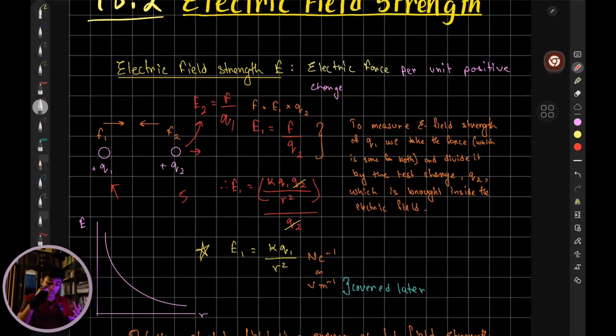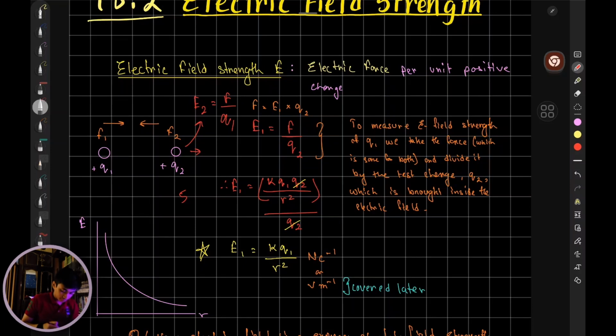You want to figure out what the field strength is in this position right now due to this charge. So you're finding the force felt by Q1 in this position due to this charge, and dividing the force by the charge on Q1.